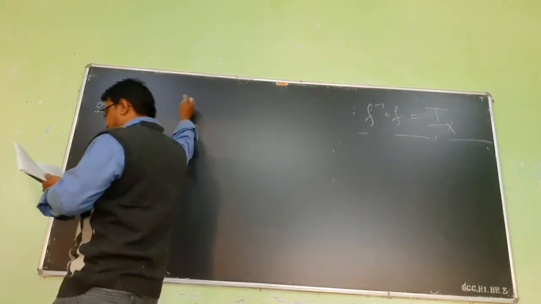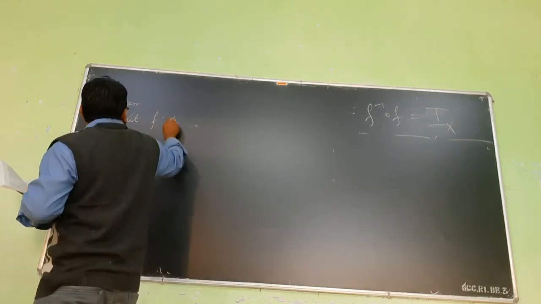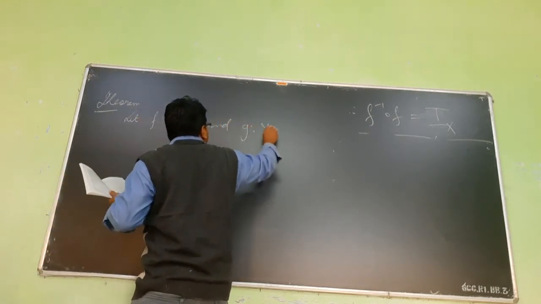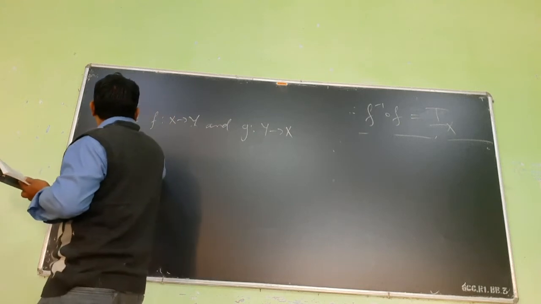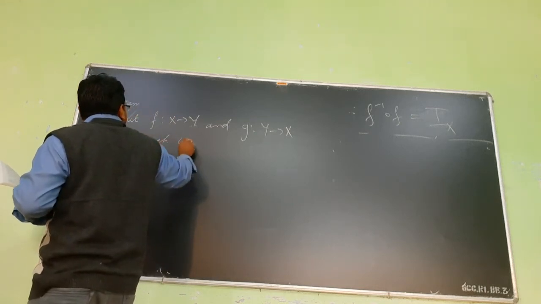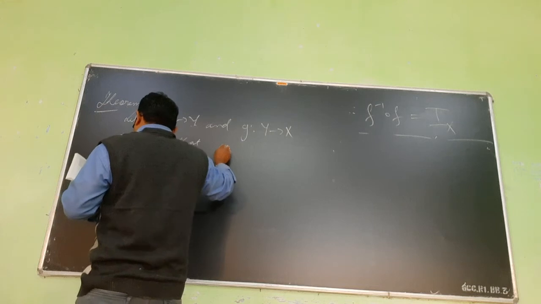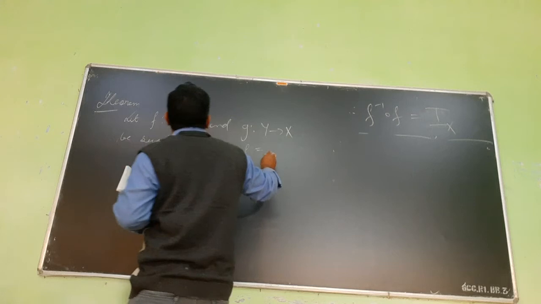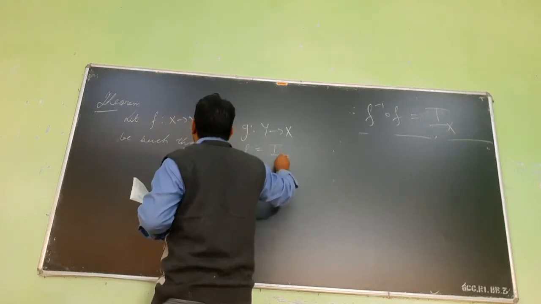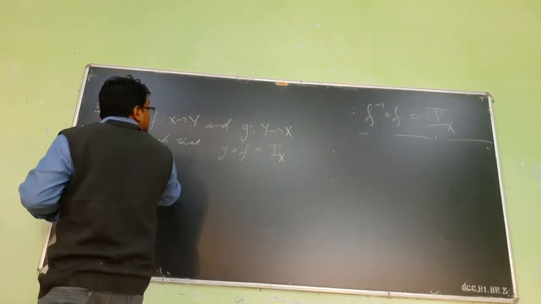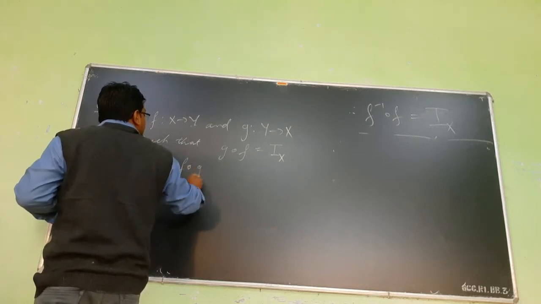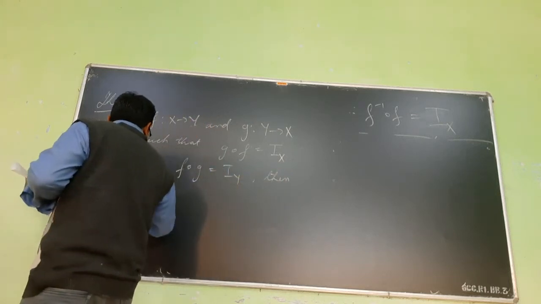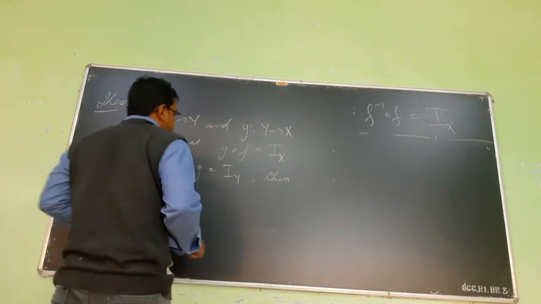So this theorem: let f from X to Y be a function, and g from Y to X be such that g of f is the identity function on X, and f of g is the identity function on Y. Then g should be exactly equal to f inverse. Okay.